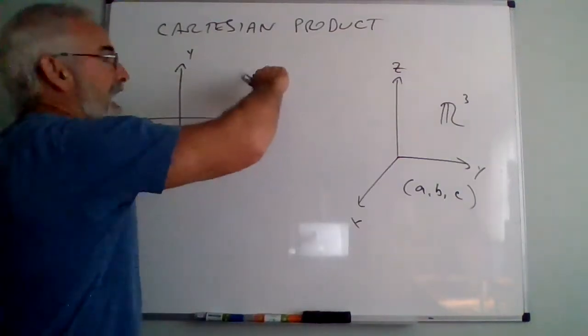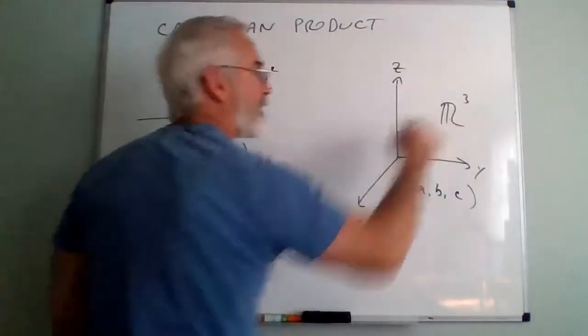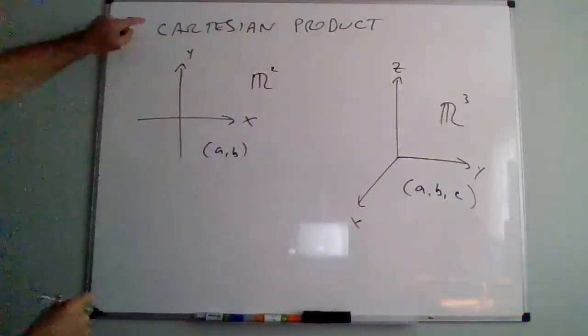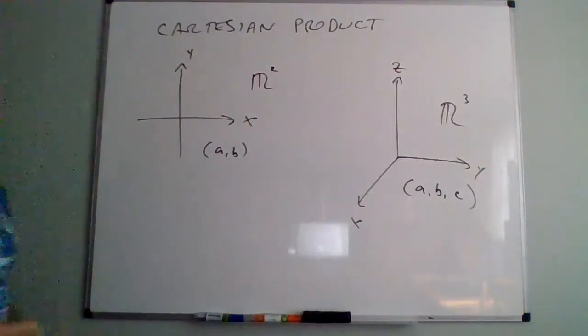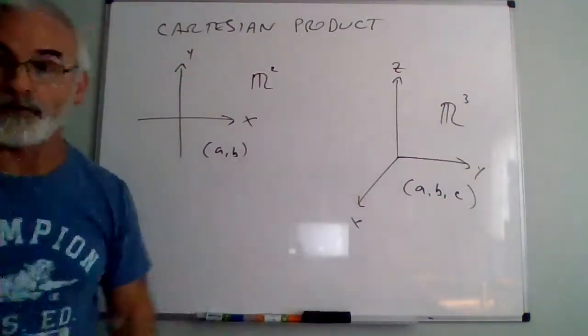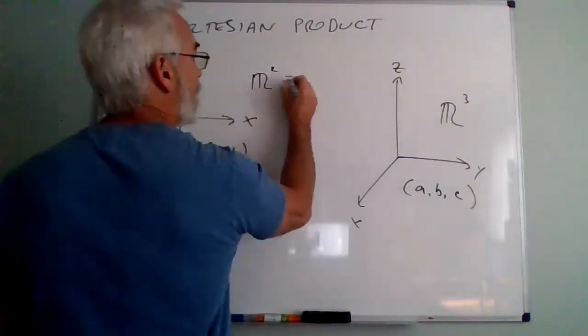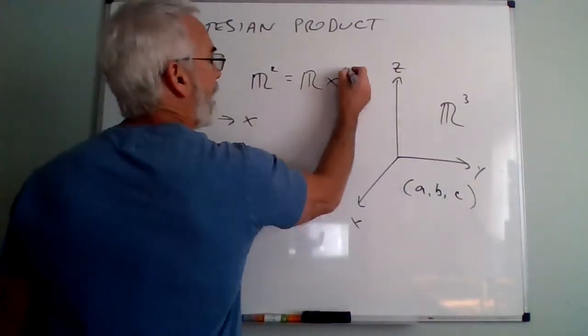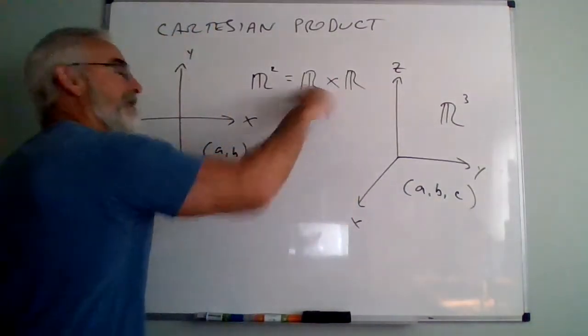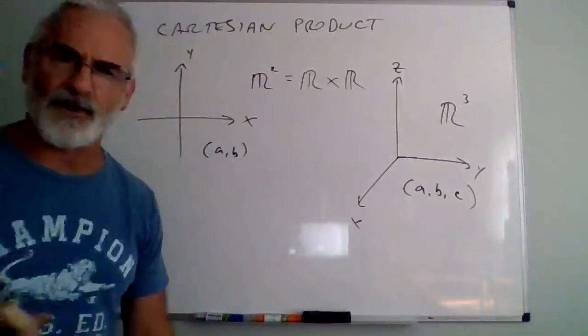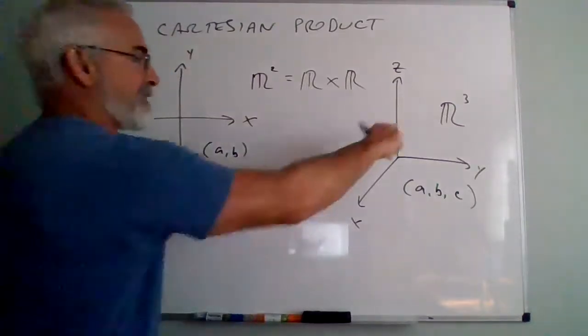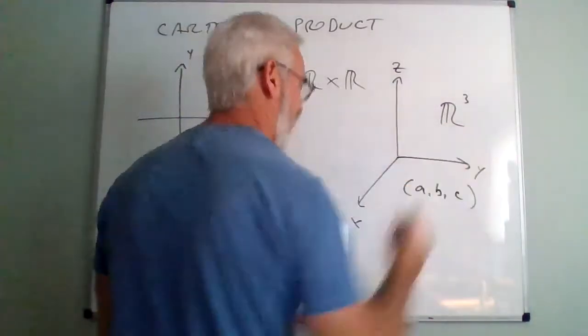But how do I create R2 and R3? Well, I actually am doing a Cartesian product of the real numbers with the real numbers. So technically, R2 is equal to R cross R, and we say cross, not like cross product, because these aren't vectors. And in this case, we do the same thing, R cross R cross R.